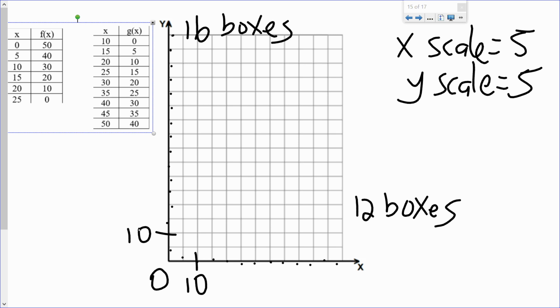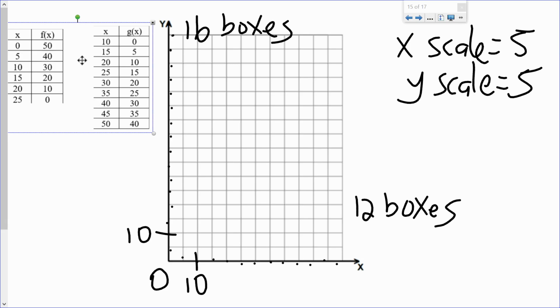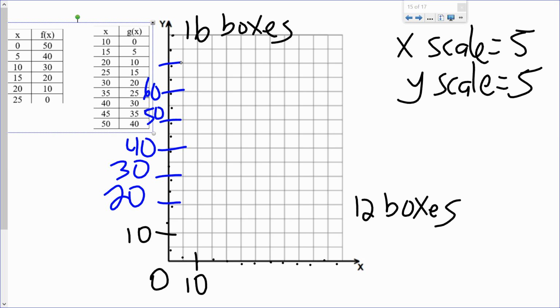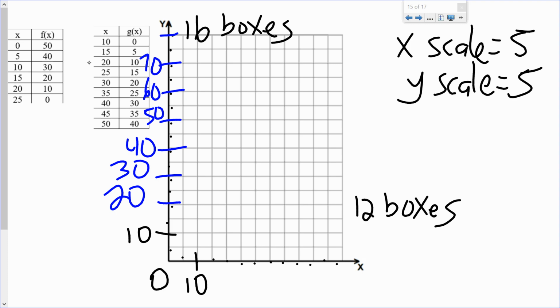Okay, I'm going to start with f of x. Let's do that in blue. Okay, let me first get my values. 20, 30, 40, 50, 60, 70, 80.